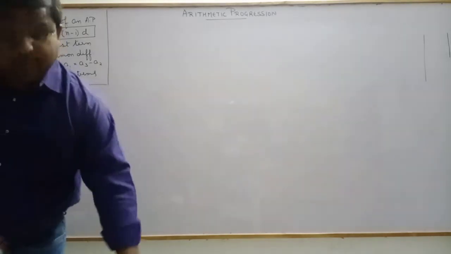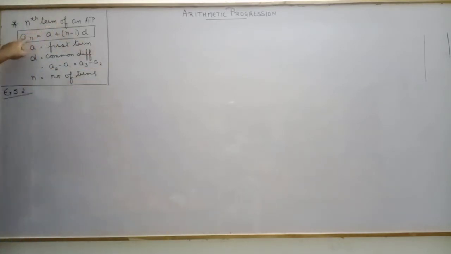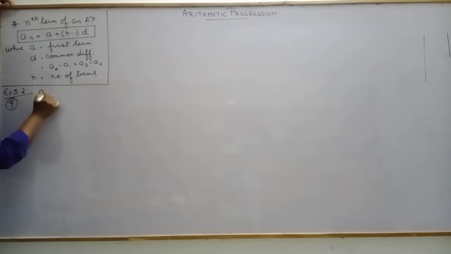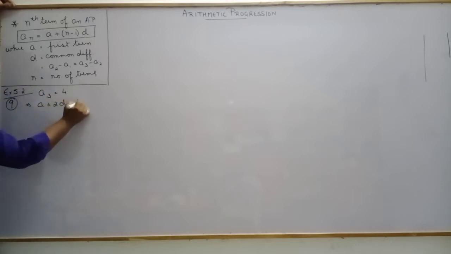From the formula, the nth term, third term A3 is equal to a plus 3 minus 1, 3 minus 1 is 2d. So what is given to us in question number 9? Third term of an AP is 4. So a plus 2d is equal to 4.